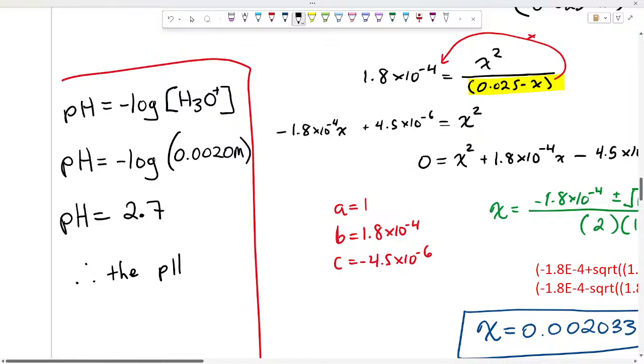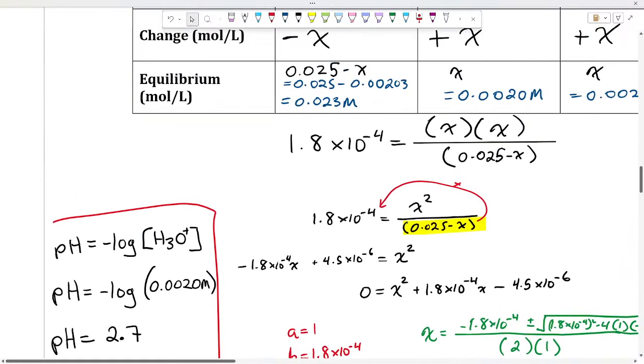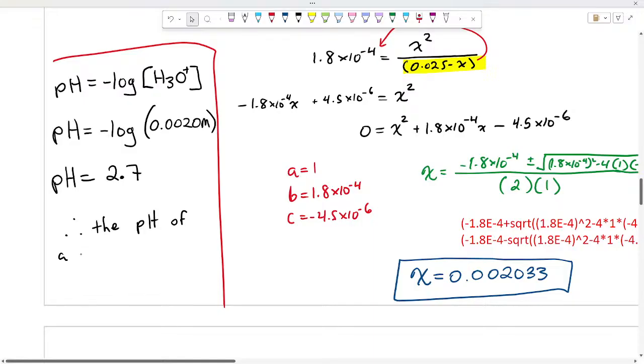The pH of what was the original concentration again? 0.025? Yes. And this is formic acid, right?